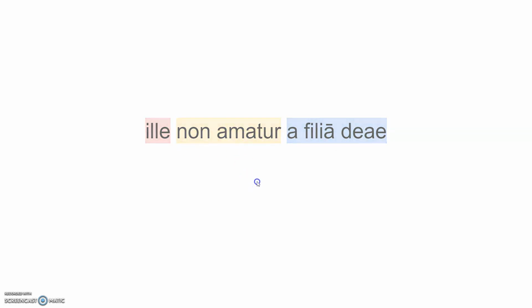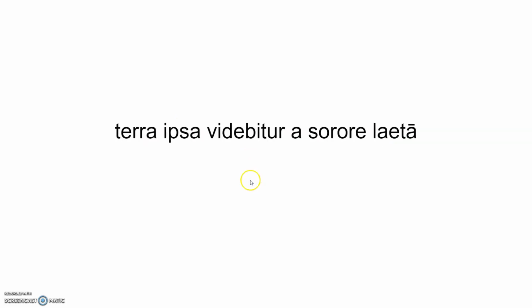Okay, let's look at another one, a little bit more complex. Terra ipsa videbitur a sorore laeta. We have terra ipsa, the earth itself, videbitur. This is future, bi, and then tur, passive. So will be seen a sorore laeta, by the happy sister.